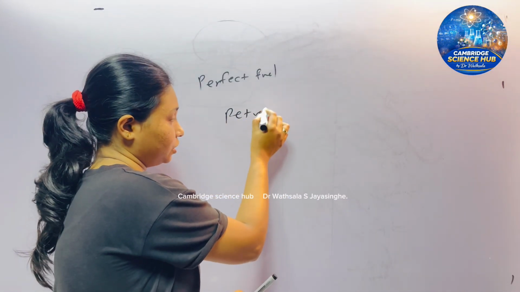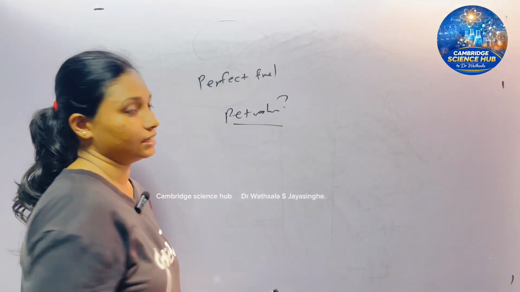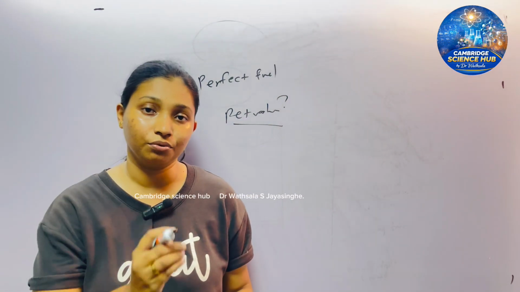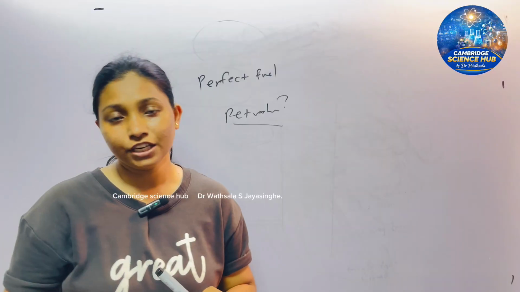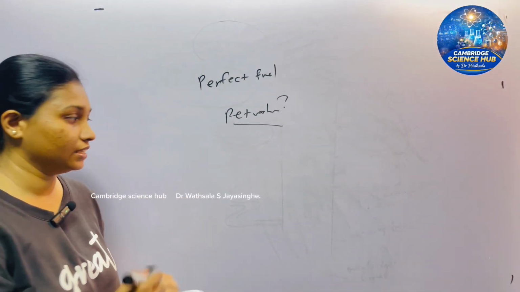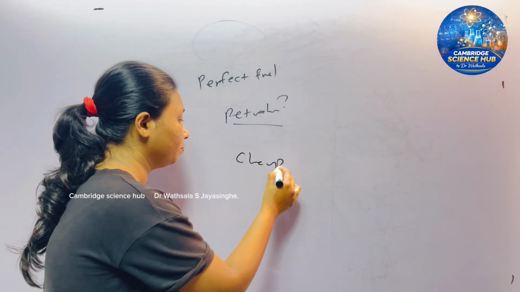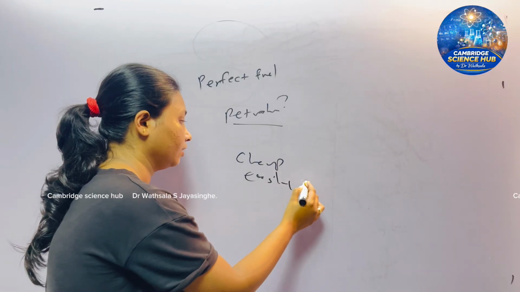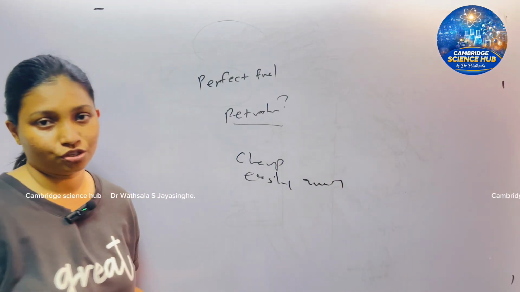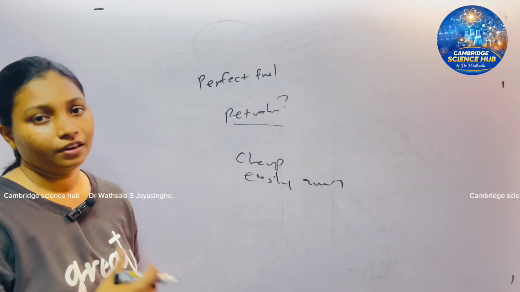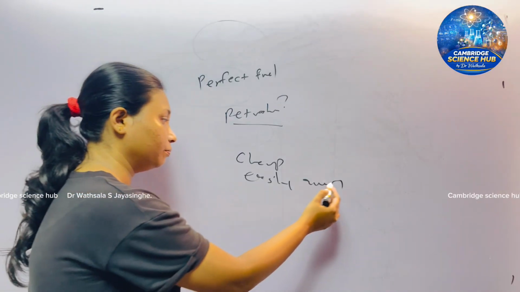Especially the petroleum-based products are known as perfect fuels. A perfect fuel should be cheap, and it should be easily available. If it is not available, even though it is cheap, we can't buy it.